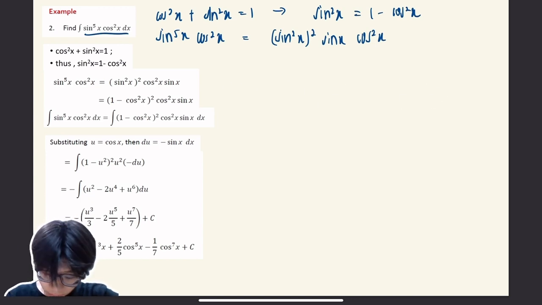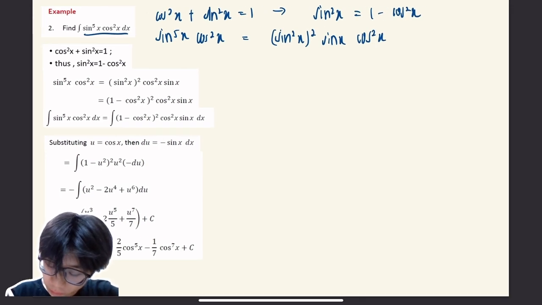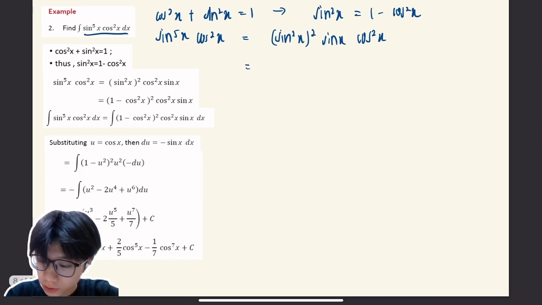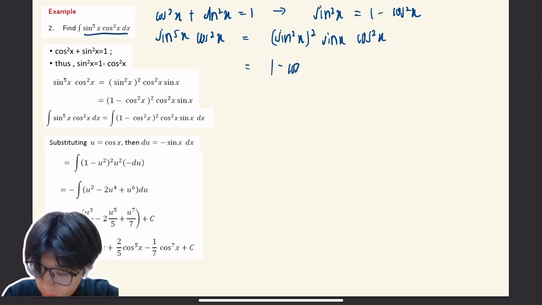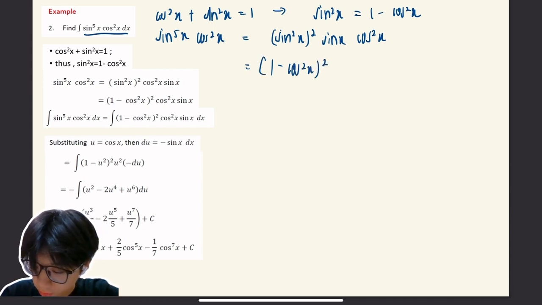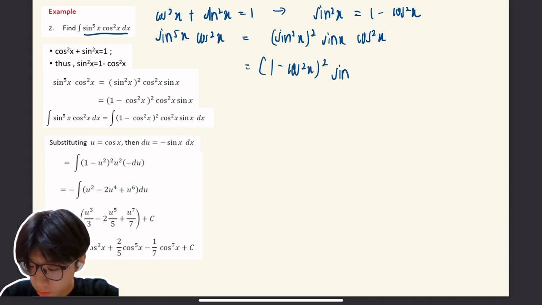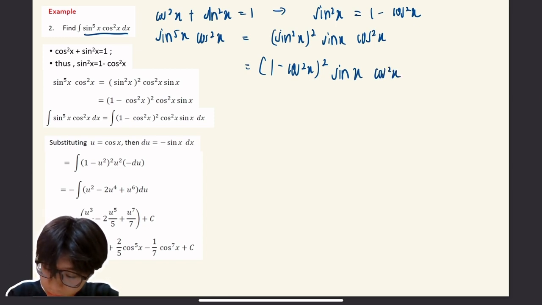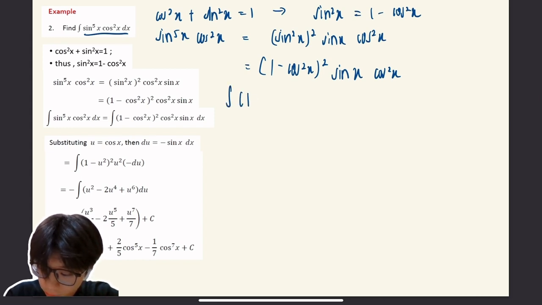And now we can substitute this one, 1 minus cos 2x in the bracket, and then to the power of 2 sine x cos 2x. Then we add on the integration part because we need to solve the integration.